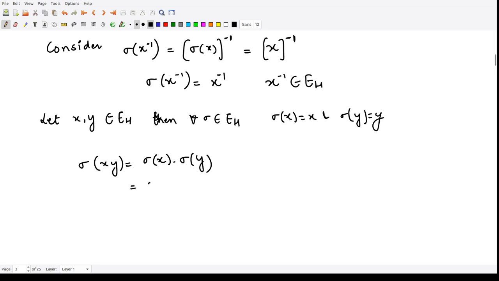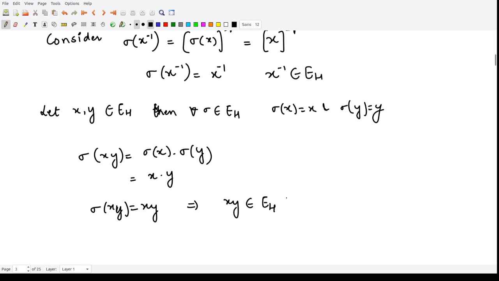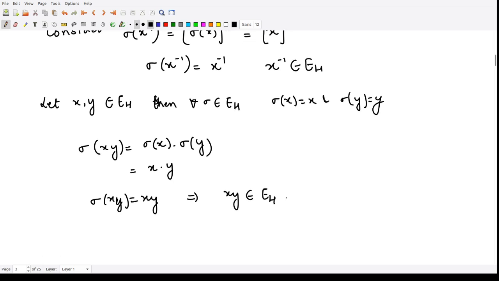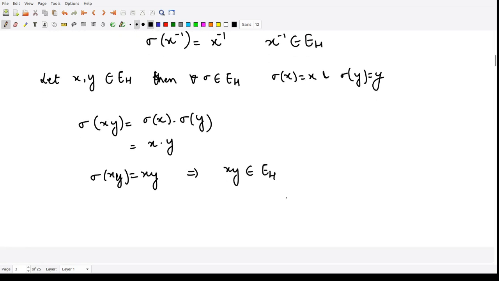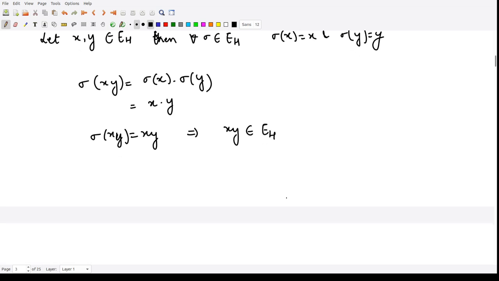And what is this? This is x and this is y. So we have sigma of xy is equal to xy. So that means this xy belongs to E of H. So from here we can conclude that this is indeed a subgroup, and moreover this is a subfield of E.